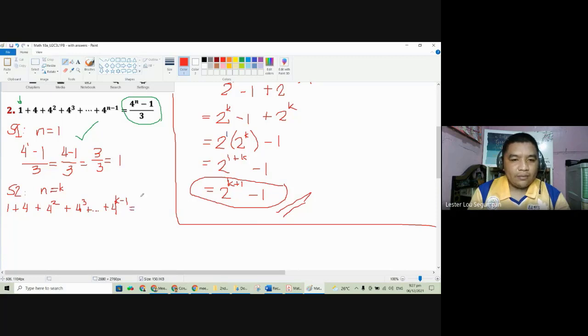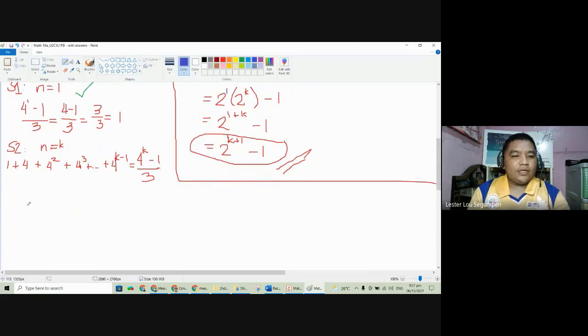And the other side will be 4 to the power of k minus 1 all over 3. With this expression now, our next step is to get the identity that we would like to prove by adding another term, which is actually the next value after k, which is k plus 1.